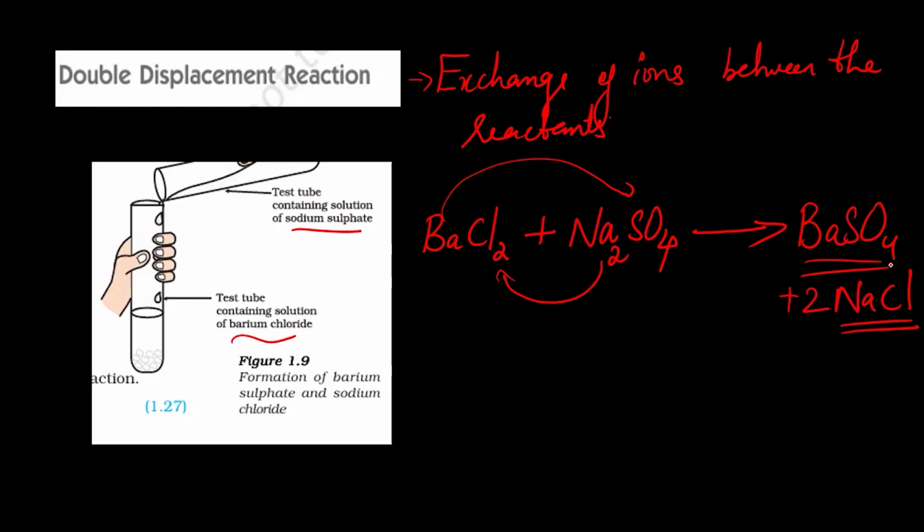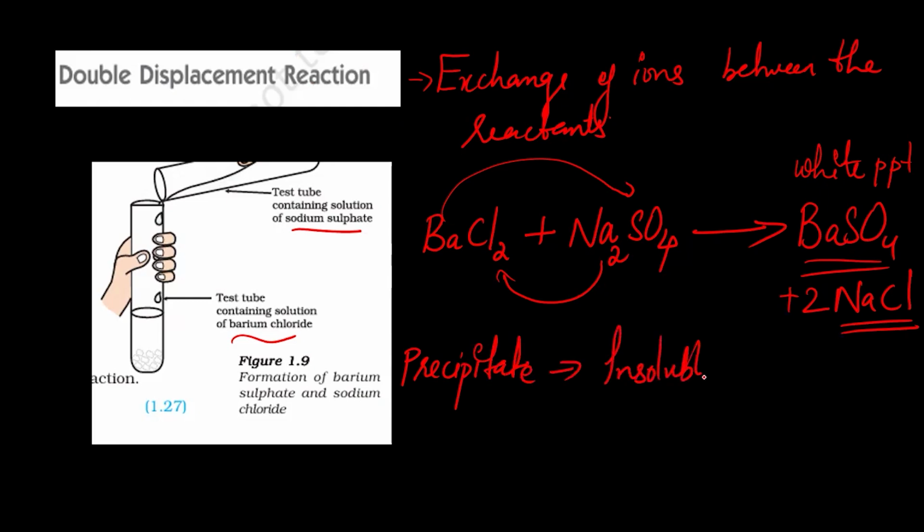Here you can see the exchange of ions between the two reactants. That is why this is called what? Double displacement reaction, and you will observe here a white precipitate. And you have to understand what precipitation is. Precipitate means it is an insoluble solid that is formed in this reaction.